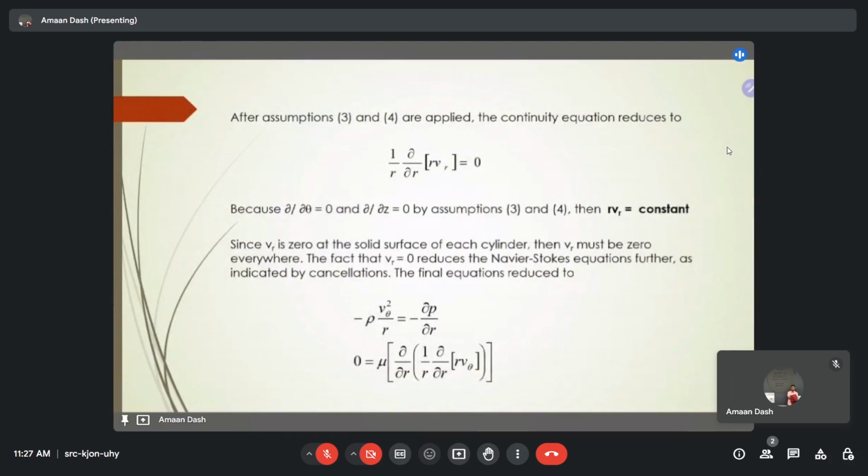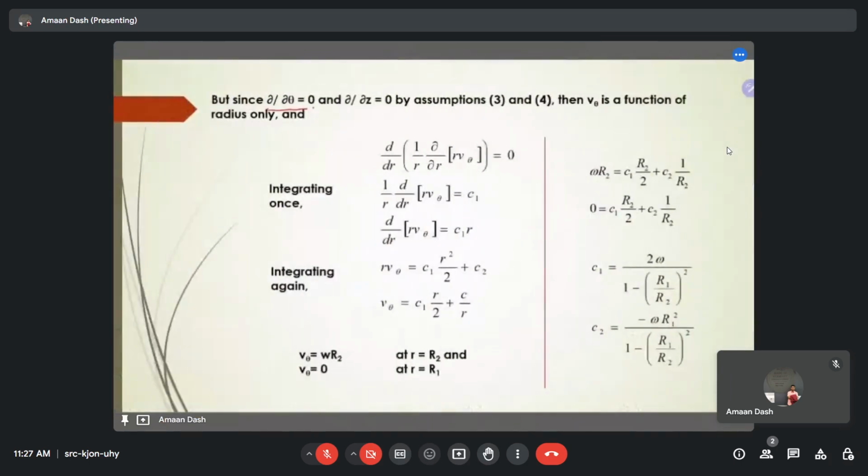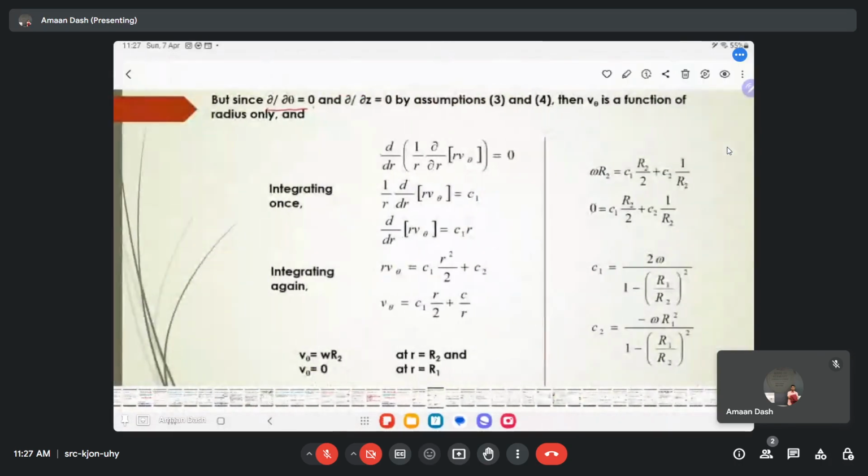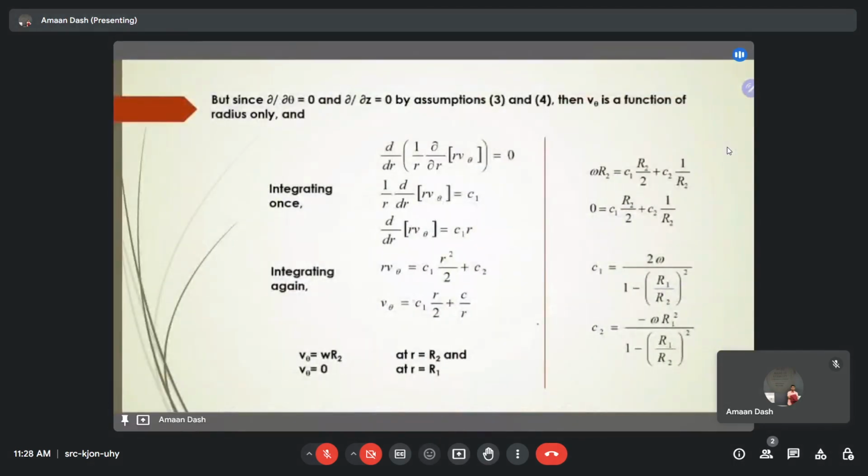And you can solve this equation to get this v theta is equal to c1 times r divided by 2 plus c2 by r.